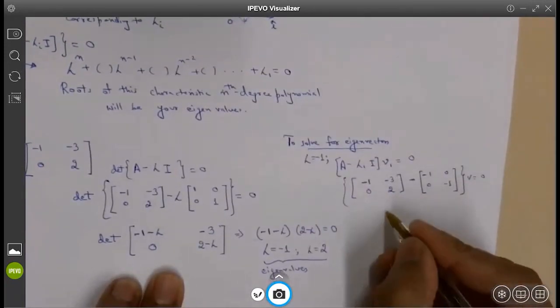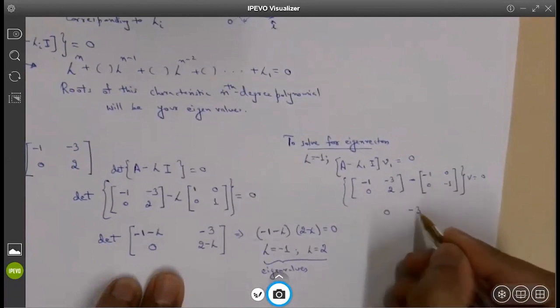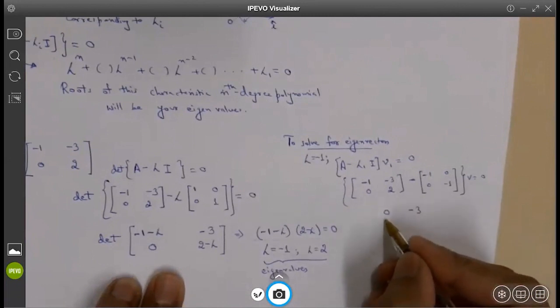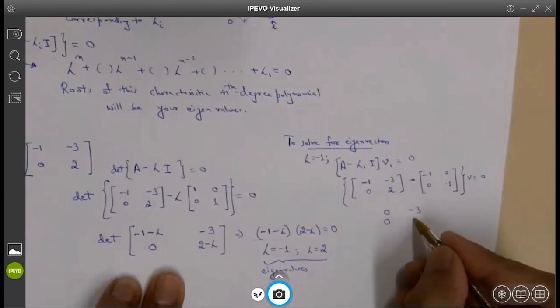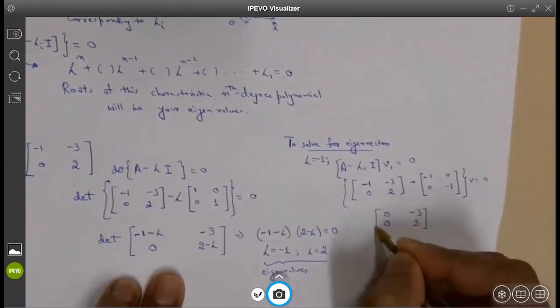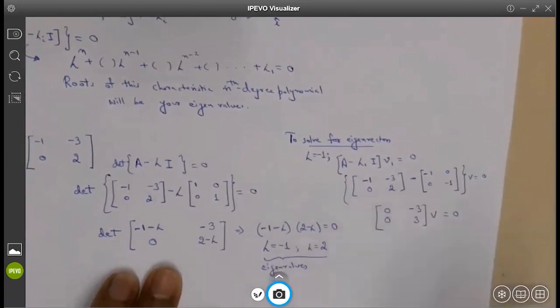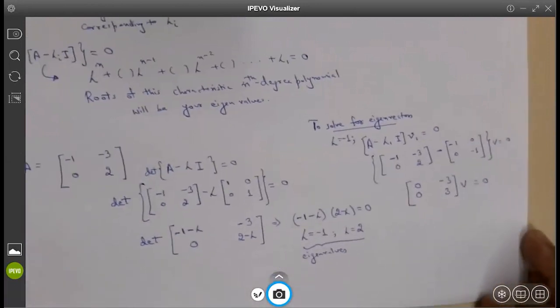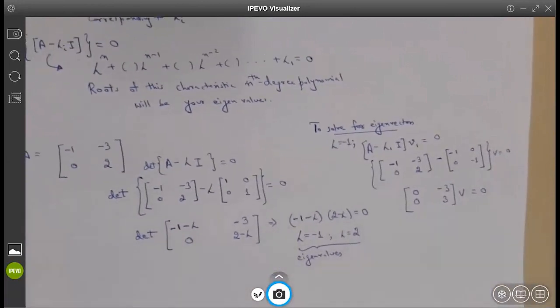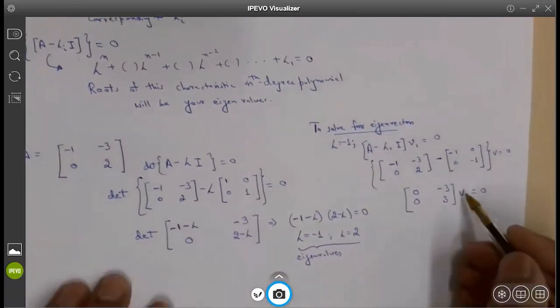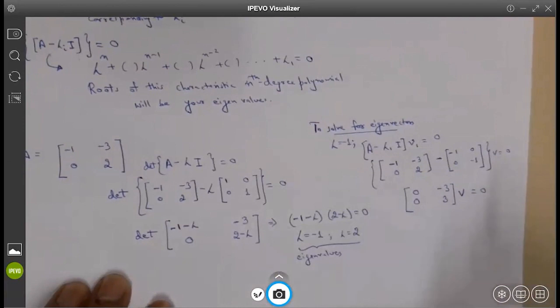And if you see, it comes out to be [0, -3; 0, 3] times V equals 0. Are you guys with me so far? Yeah. And can you solve for the vector V here?